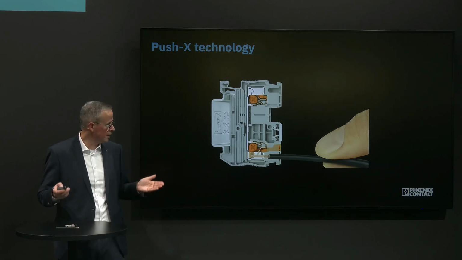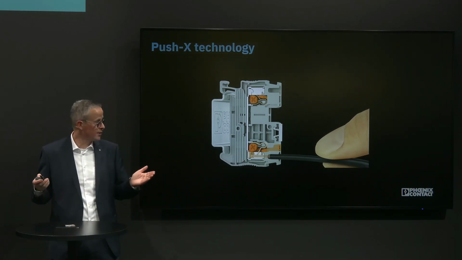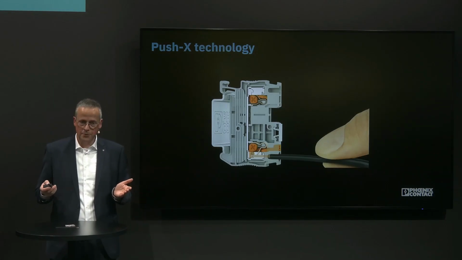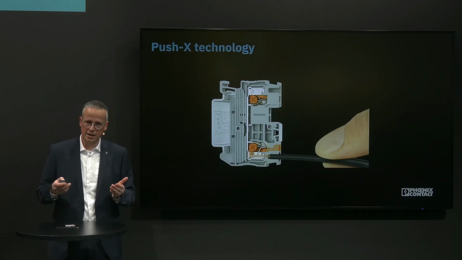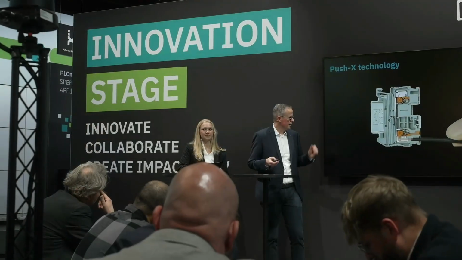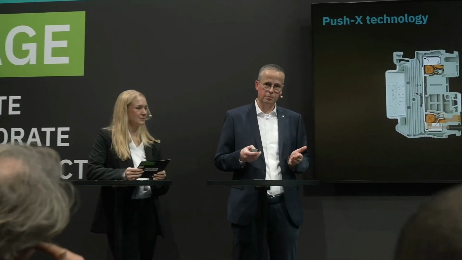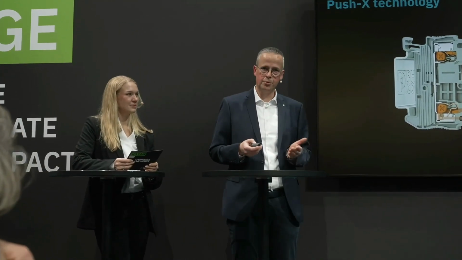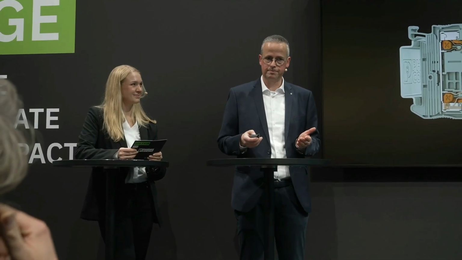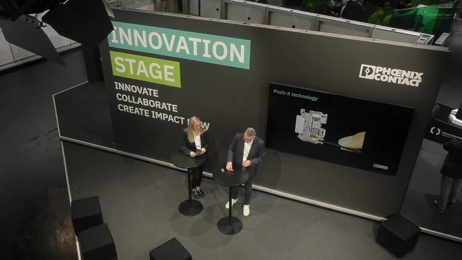So these are the drivers why customers don't use a ferrule. And as I said at the beginning, we just want to offer the market everything it requires. For the conductor without a ferrule, the most beneficial way is to use the push-X termination technology. I've shown you that in the video.